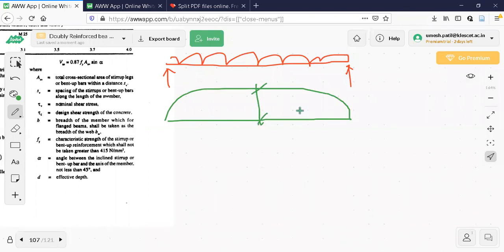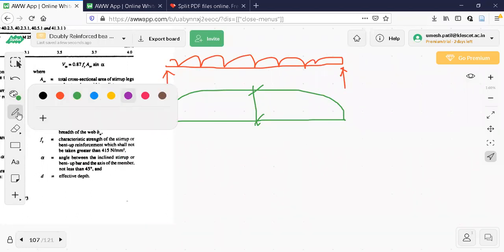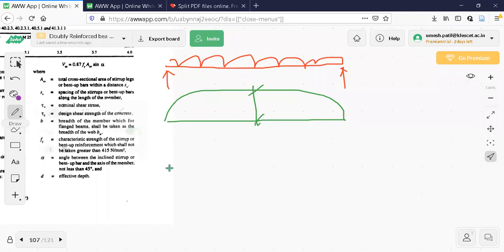So already we have discussed how the beam develops moment of resistance, and we have already calculated moment of resistance using different expressions. Now I'll draw the shear force diagram for this.